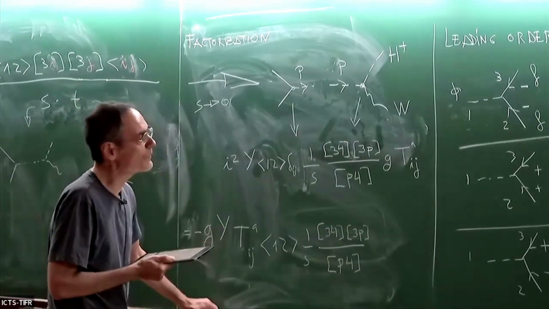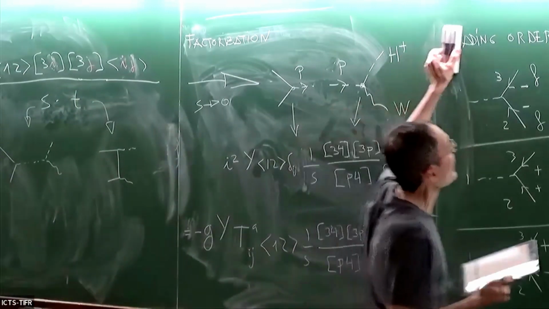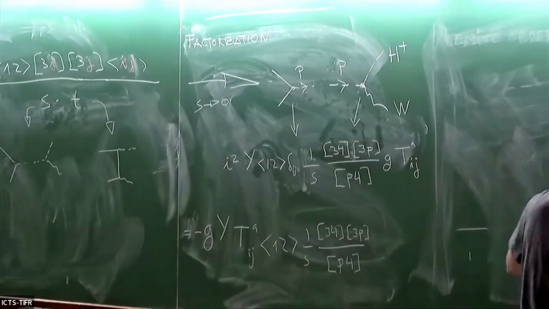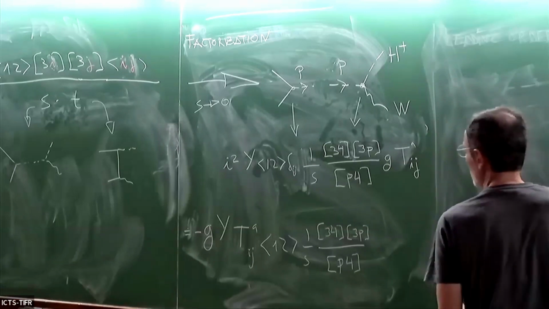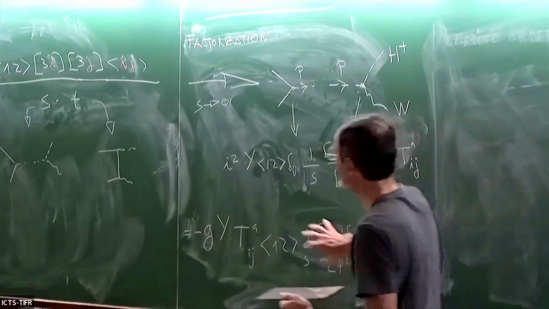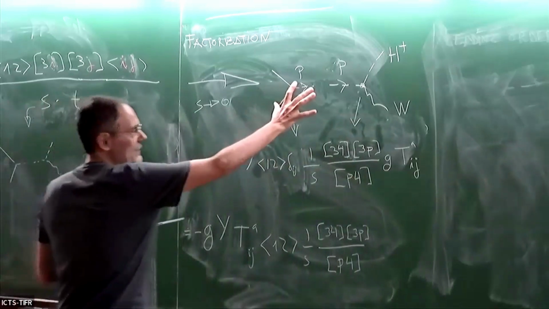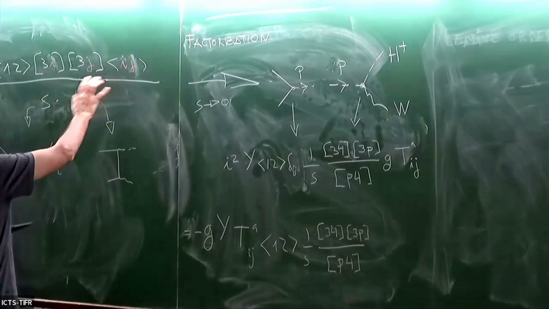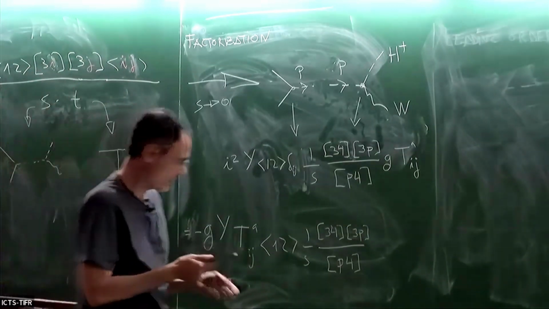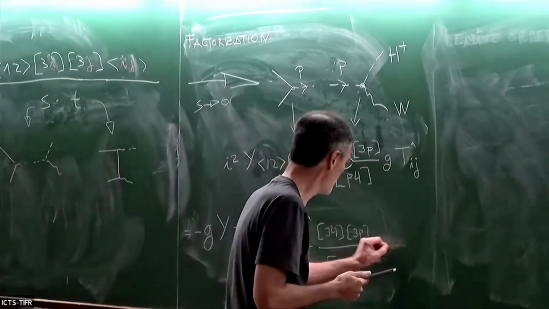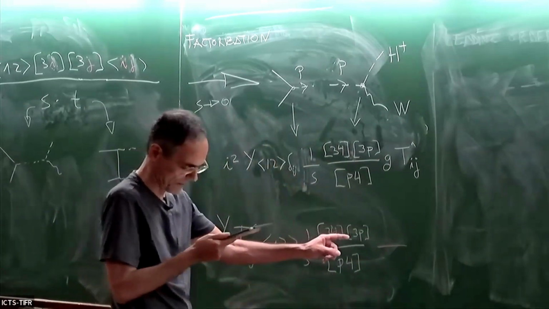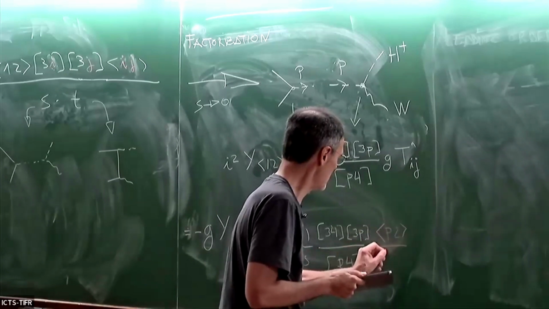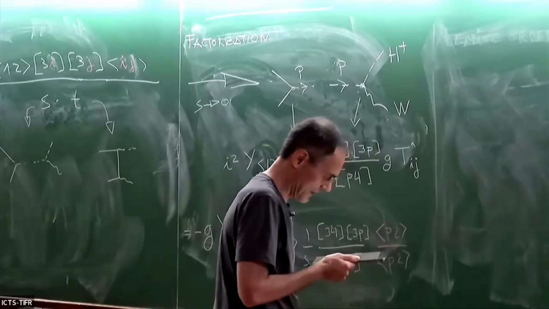And now I start a little bit of tricks to write this thing in a simpler way. I want this to look like, at the end, something I have here. This is what factorization demands, and this will fix what these ij's are and what this constant is. I have to do little tricks that, when you get used to it, you see automatically. Multiply here by P2 upstairs, P2 downstairs.